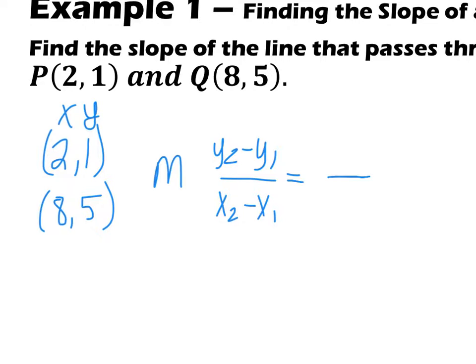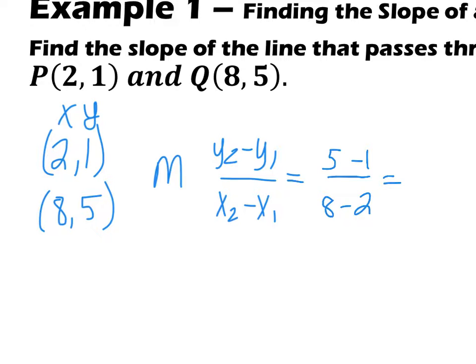So if I say 5 minus 1 for my y's, I have to start with what number for my x? 8. 8 minus 2. If you guys did 1 minus 5 on top, that's fine, but what would you have to do on the bottom? 2 minus 8. Good.